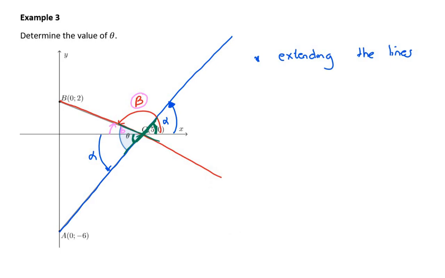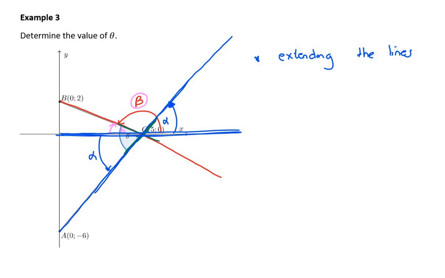I'm arguing vertically opposite angles using the x-axis. I think it's easier if I highlight it in blue, and this blue line. So let me erase the green so that this is a little bit more clear. If you think of those two blue lines, those alphas are vertically opposite.